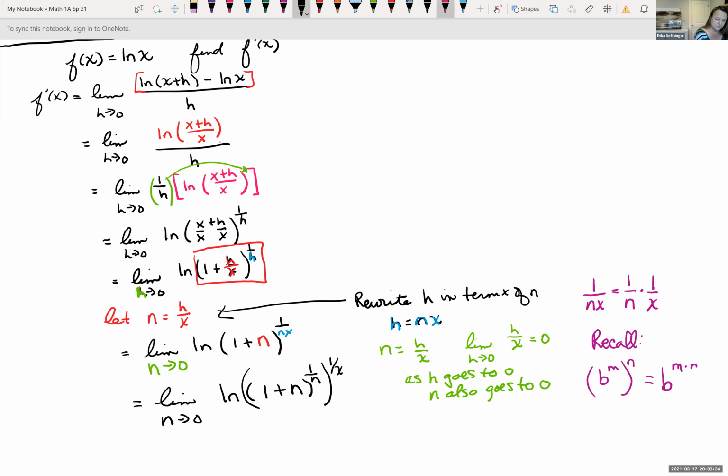But by rules of exponents with logs, we can bring that down front, but keep the 1 over n in the exponent. So we have 1 over x, the natural log of 1 plus n raised to the 1 over n power, and we have a limit as n goes to 0.